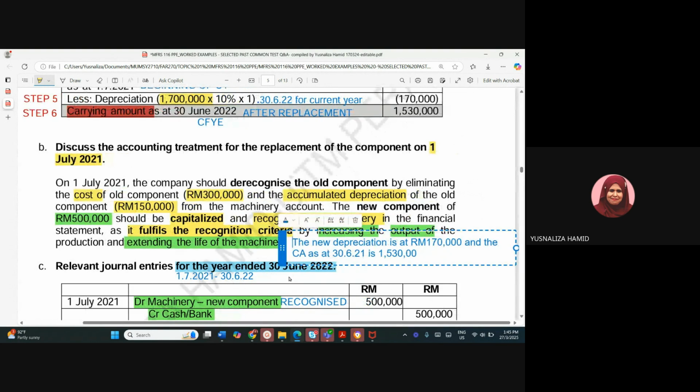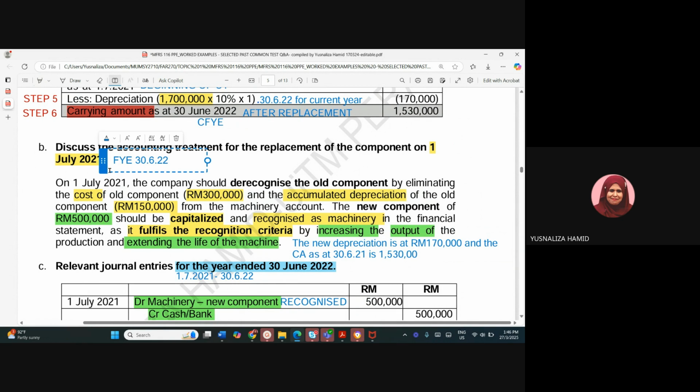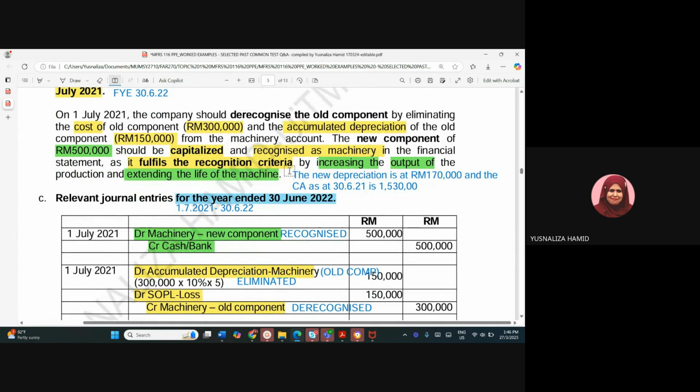However, if you are asked to explain for the year ended 30th of June 2022, let's say the requirement says discuss the accounting treatment for the replacement of component on 30th of June 2022, you need to include a new sentence here, which I have put here.